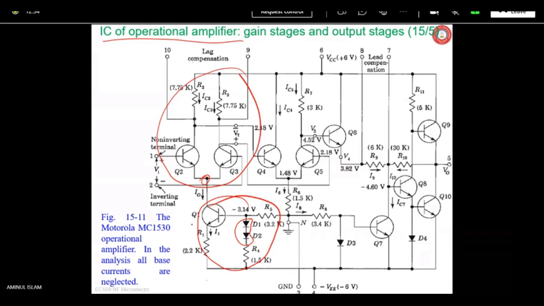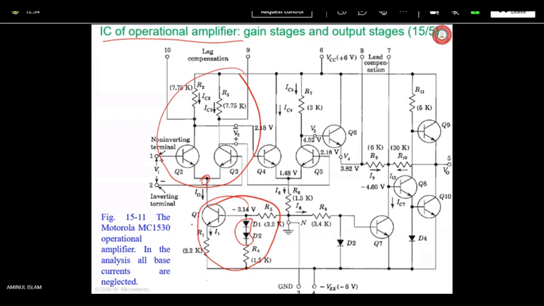The same will apply in this case also, because the R2 and R3 values are the same, and currents IC2 and IC3 are also the same, isn't it? So will you not get this value, 2.18 volt? Yes, sir, we will. Both will be the same, the base voltage of Q5 and Q4.